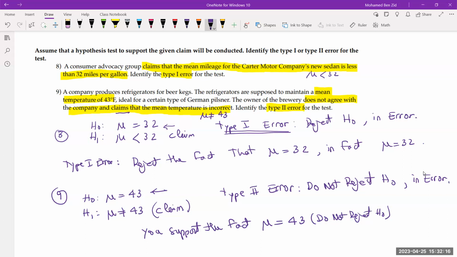However, in fact, that is wrong. What does that mean? It means the mean is different than 43. You are thinking that the mean is equal to 43. However, the mean is different than 43. And that's what is type 2 error.